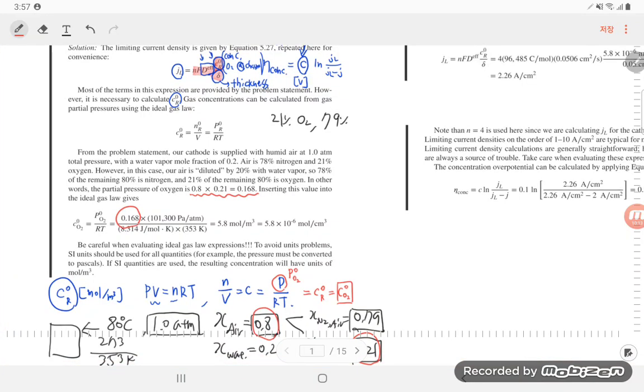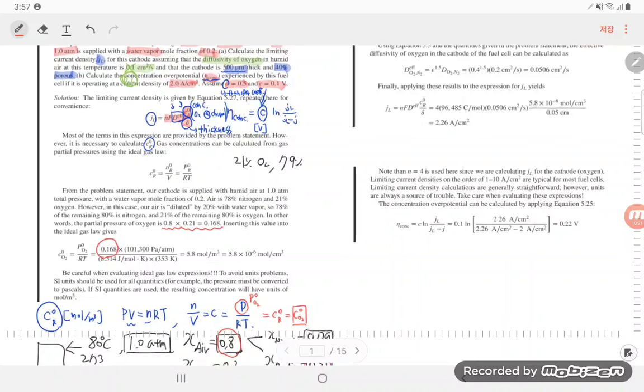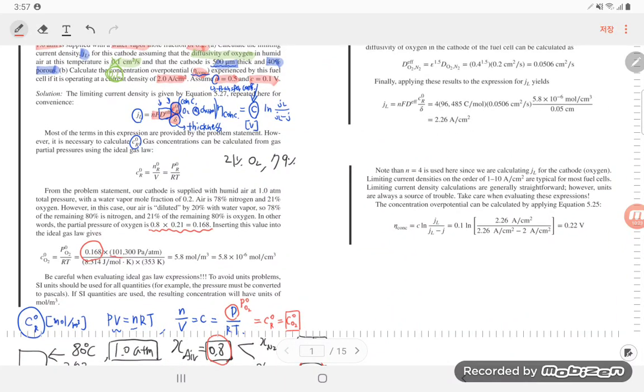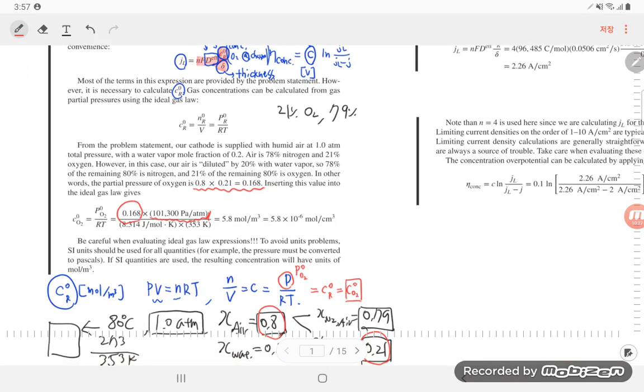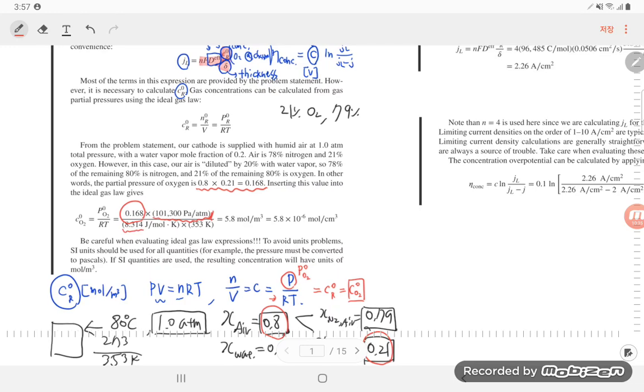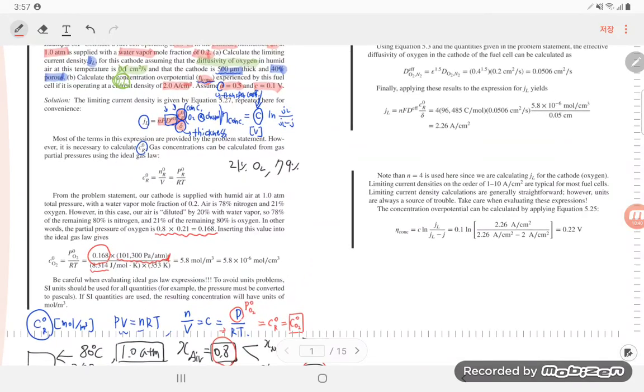And also this is in the unit of atm, but we should convert these atm to pascal, right? So this is a conversion factor, and we already know the general gas constant as 8.314, and the temperature is 353 Kelvin.